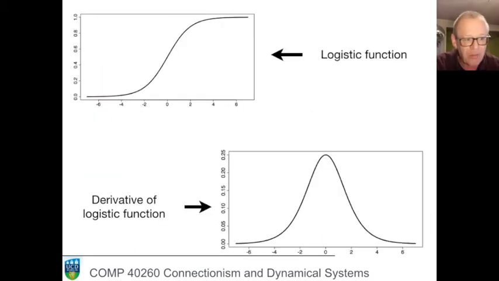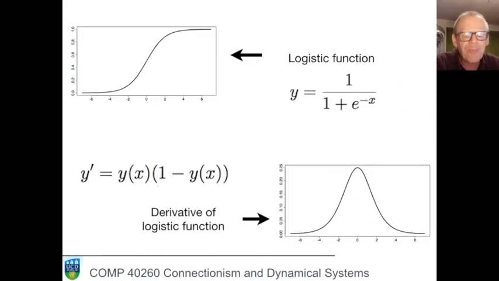If our activation function is like this logistic function up there, its derivative is shown at the bottom right. It's a very simple function as well. It shows the rate of change of this function, which is maximum around 0, and towards the two tails of the function, for the extreme negative values and the extreme positive values, the derivative vanishes.